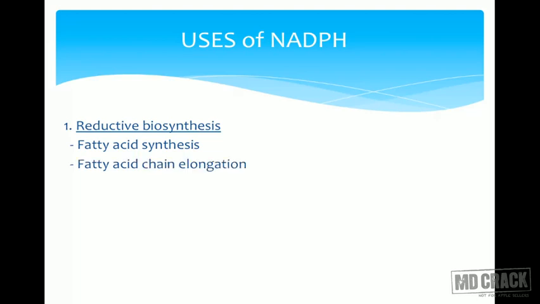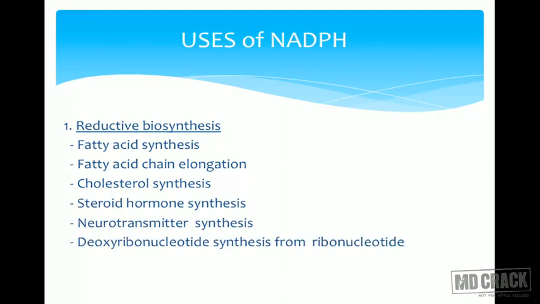Fatty acid synthesis, fatty chain elongation, cholesterol synthesis, steroid hormone synthesis, neurotransmitter synthesis, deoxyribonucleotide synthesis from ribonucleotide. For all this, we use NADPH. Look at the different reactions which use NADPH, and this is restricted only to the reductive biosynthesis.